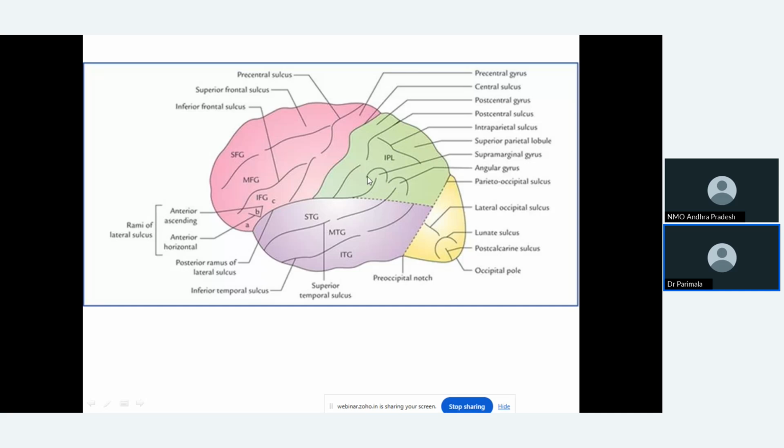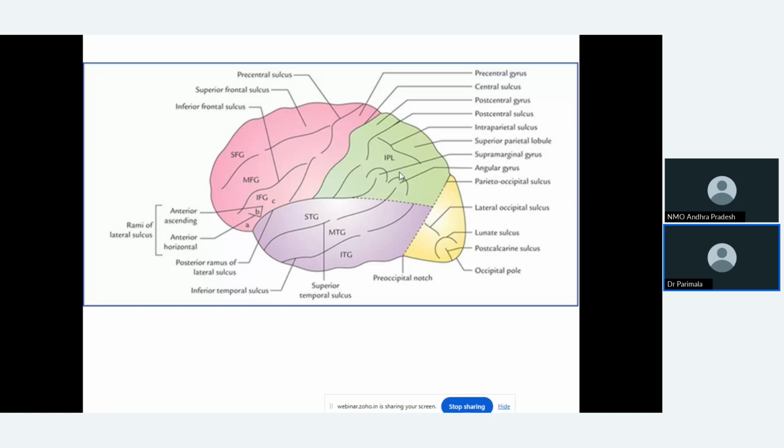The gyrus that covers the upturned end of the lateral sulcus is called the supramarginal gyrus, and the gyrus that covers the upturned end of the superior temporal sulcus is called the angular gyrus. So: postcentral gyrus, postcentral sulcus, intraparietal sulcus, superior parietal lobule, inferior parietal lobule, supramarginal gyrus, angular gyrus. These are the gyri of the parietal lobe.